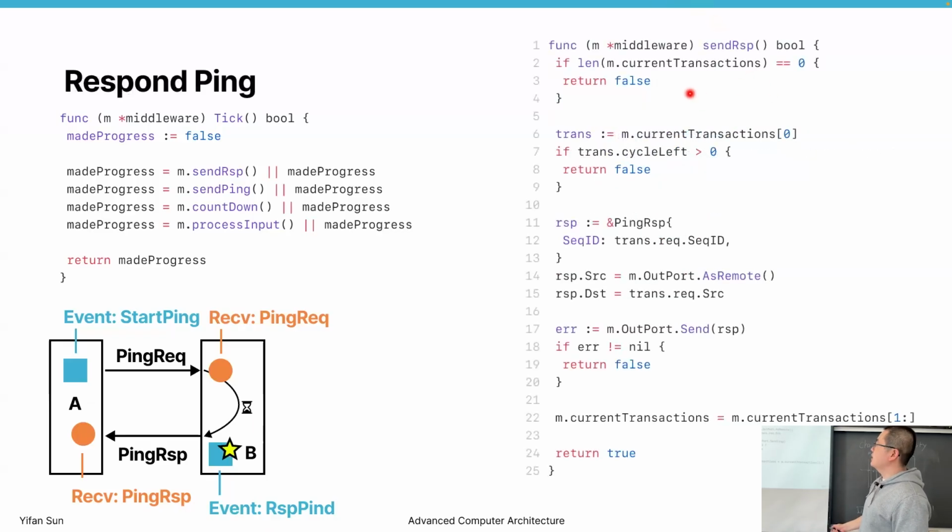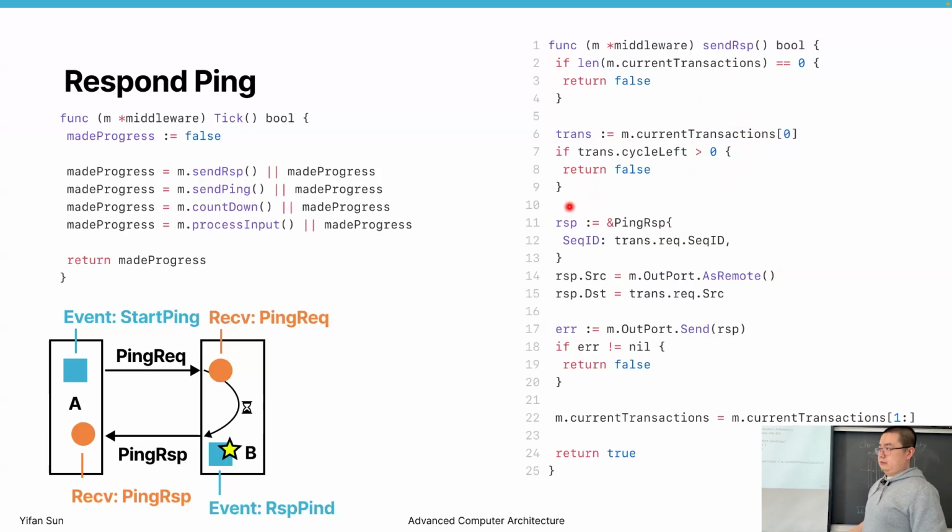Then finally, send a response. And when we want to send a response, we still do the same. We say, if there's no current transaction, we return nothing. We return false, right? Then for current transactions, we only look at index 0. We only look at the head. If the cycle left is still greater than 0, that means the delay has not arrived, has not finished.